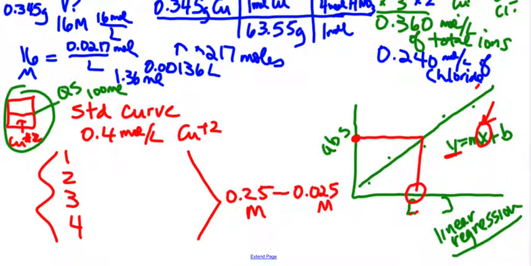If I know concentration and I know volume, what can I figure out? No, I know molarity. I know concentration. I know volume. What can I figure out? Moles. I convert moles to grams, and then I can figure out what percent of those original grams were actually copper. It's kind of sexy.